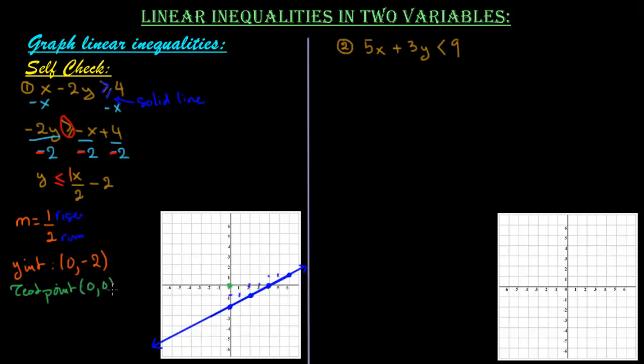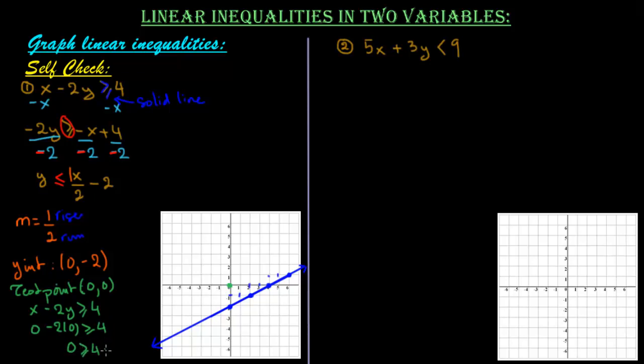Whatever you plug in, you get rid of the coefficients of x and y. So x minus 2y greater than or equal to 4, and we know x is 0, y is 0, so 0 minus 2 times 0 greater than or equal to 4, and finally 0 greater than or equal to 4.